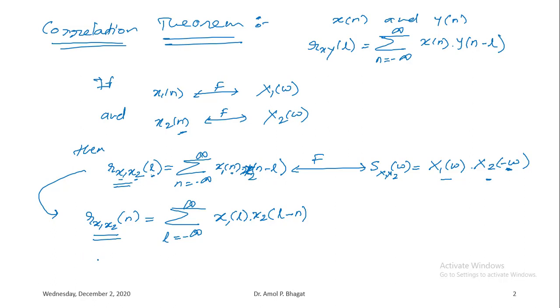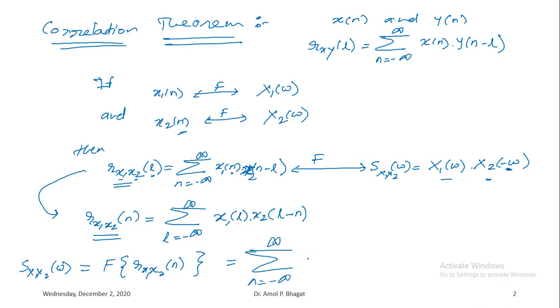The Fourier transform of r x1 x2 of n, which I indicate as capital S x1 x2 of omega, can be given, as per the Fourier transform formula, as summation n equals minus infinity to infinity x of n, where in place of x of n we have r x1 x2 of n, multiplied by e to the power minus j omega n. That is the formula for Fourier transform. I'll rewrite this equation on the next slide.